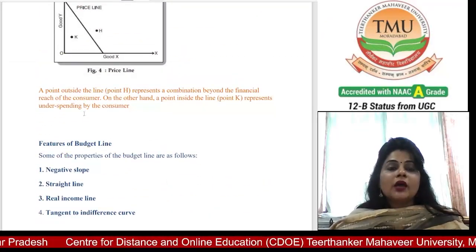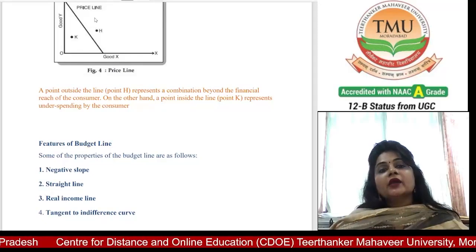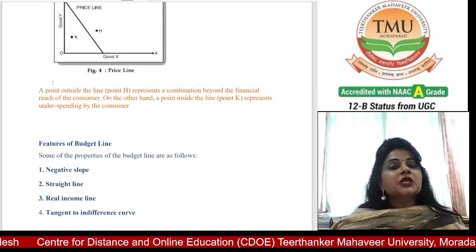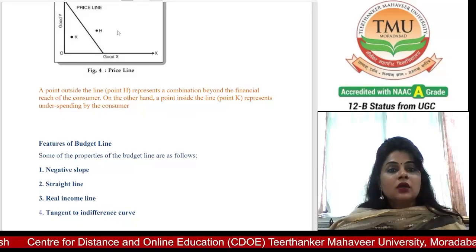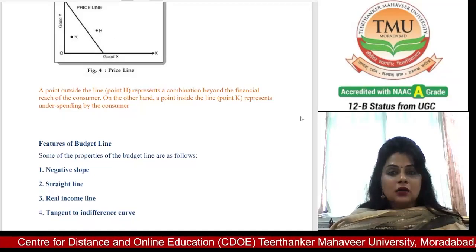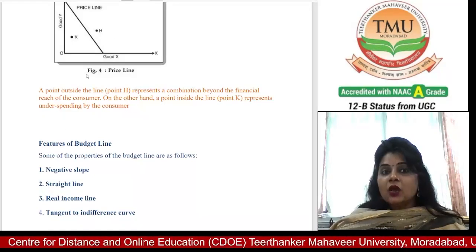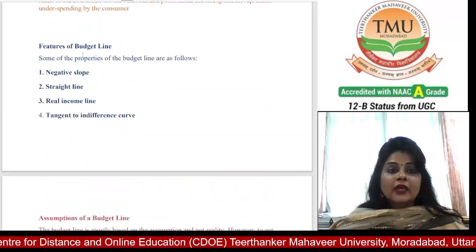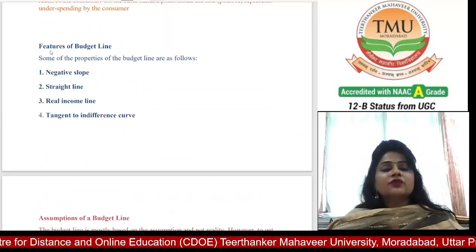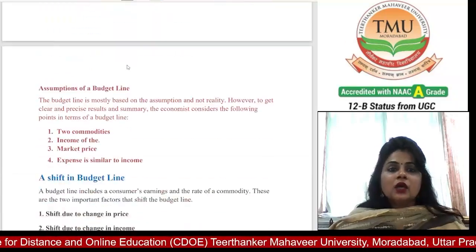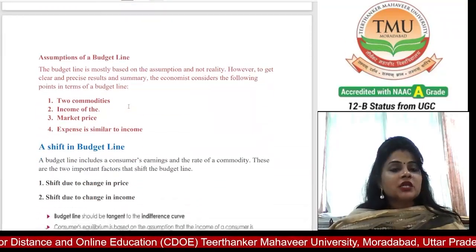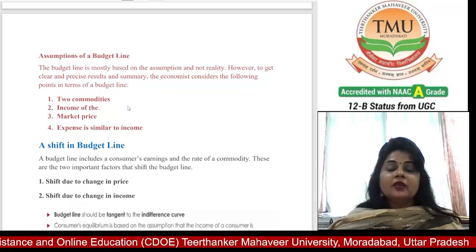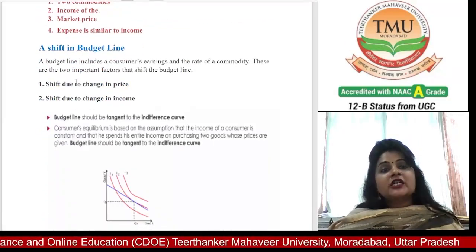I also explained what is beyond the financial reach of the consumer, the features of the budget line, and the assumptions of a budget line, what assumptions should be followed.